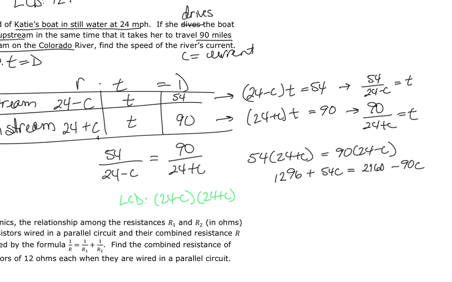And on the left-hand side, I'm going to get 144C. On the right-hand side, I'm going to get 864. So the current is 6 miles per hour. So not a bad current.